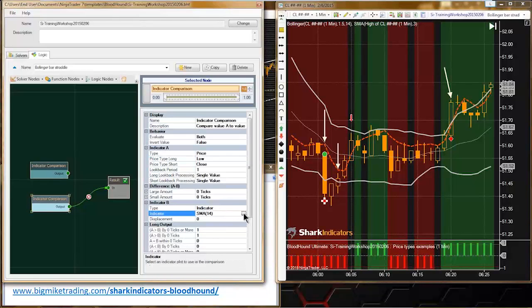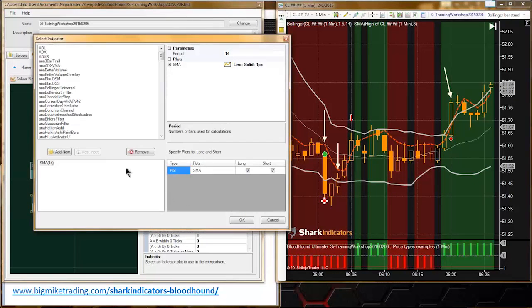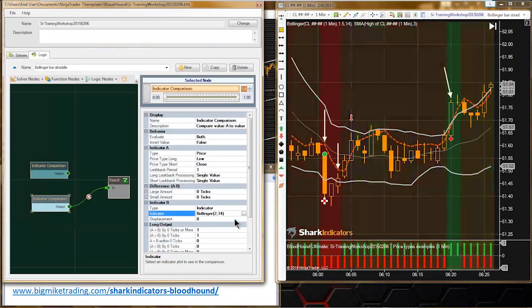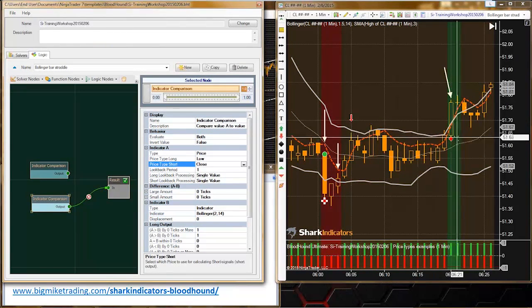Next, let's set up our Bollinger band. We're using the lower band to generate long signals, upper band to generate short signals. And there we go. So now we just need to work on the short signal here.